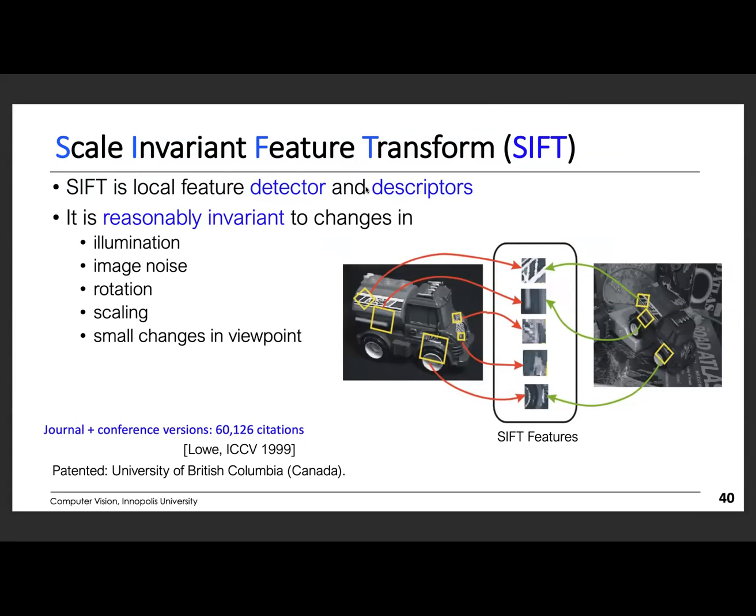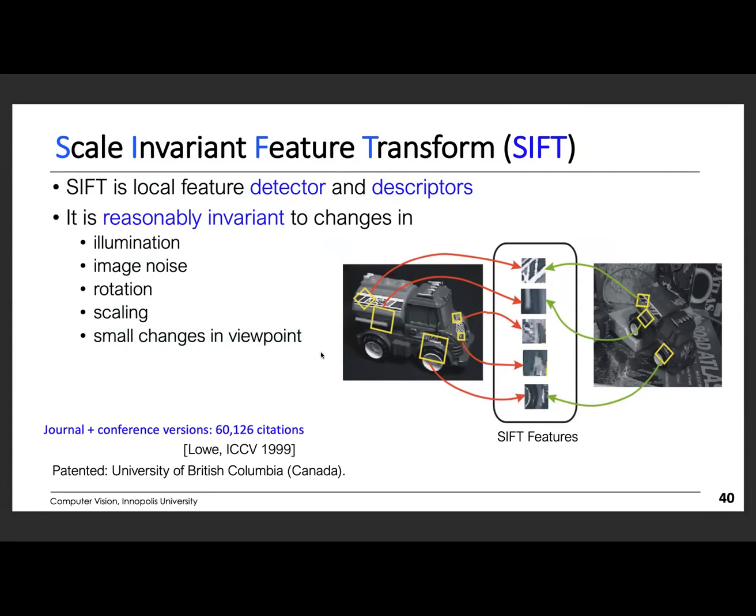So this could be used to do feature image matching as we have seen before, right? It is reasonably invariant to changes in illumination, image noise, rotation, but most importantly, scaling. And it is also invariant to small changes in the viewpoint.